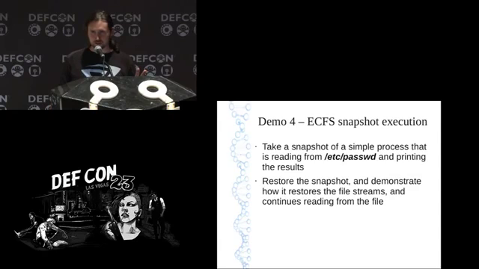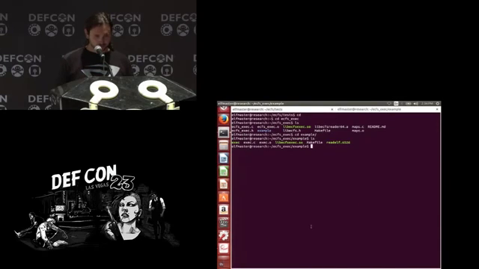The process is going to be reading and printing from the password file. We'll snapshot it about halfway through, and then we'll restart it, and it'll continue where it left off. So this demonstrates that it was restoring the file streams, essentially.